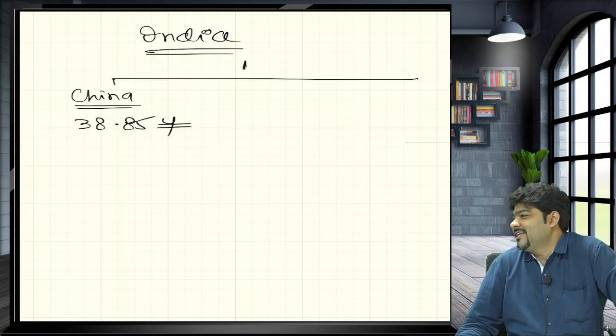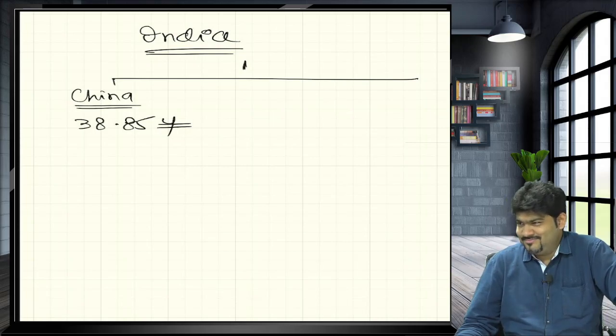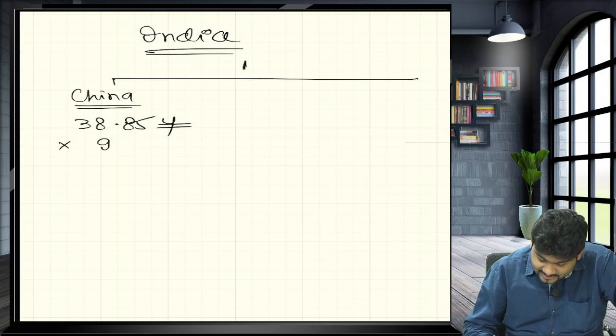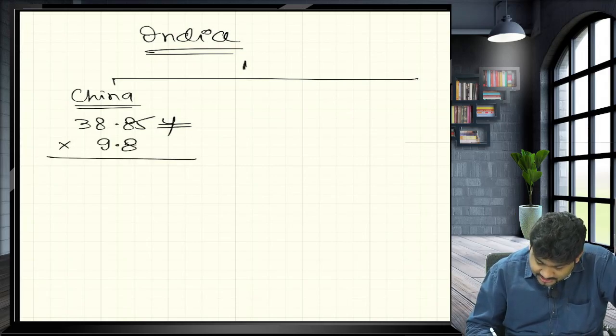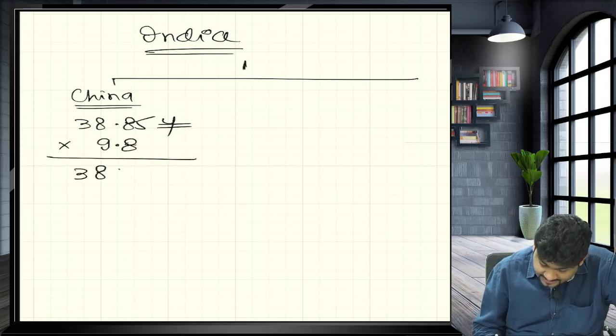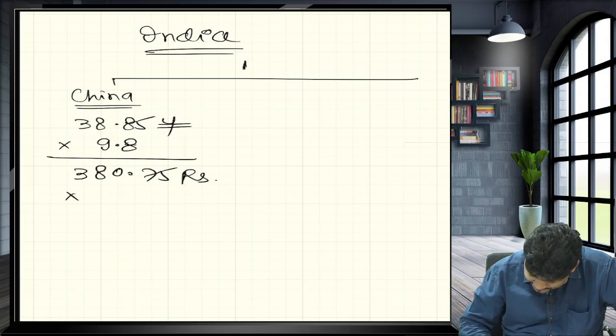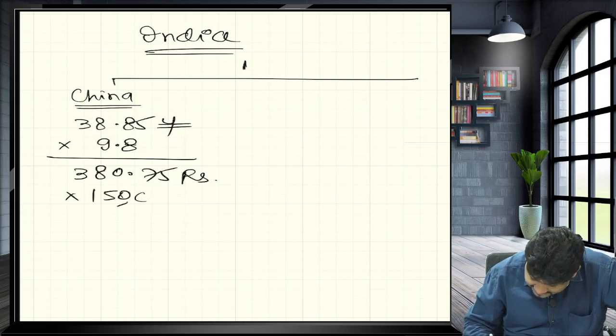Sir, I am not done with SFM, I cannot tell. Come on, this is simple, no? How much? Into 9.8. So how much? 380.75 rupees we are paying. Multiply by how many units are there? 1,50,000. So total how much we are paying to these Chinese people?